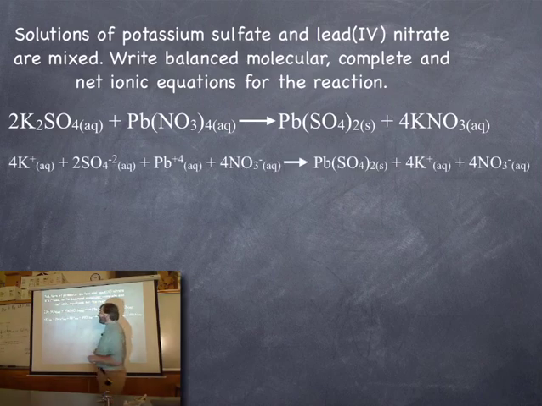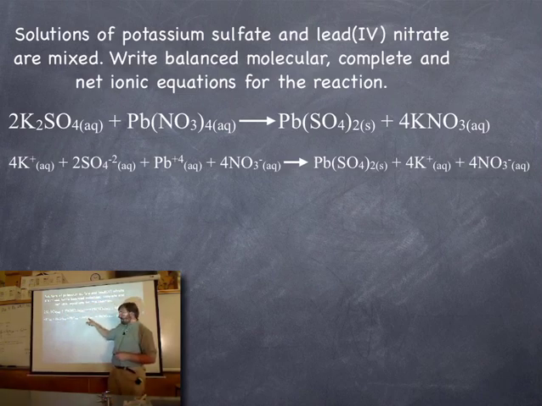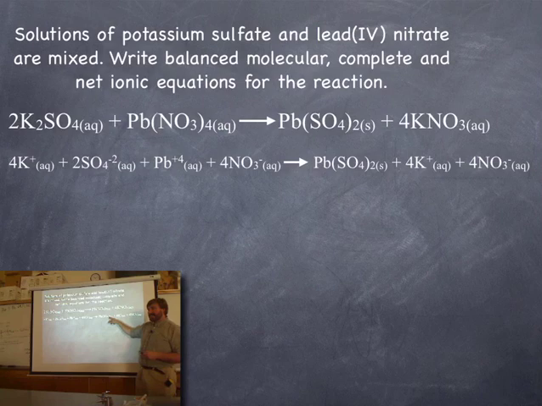So I'm going to break these apart. 2 and 2 is 4 potassiums, 2 sulfates, 1 lead, 4 nitrates. Remember that nitrate is NO3, but there's 4 of them from that subscript there. Solid stays together, unchanged, just drop it straight down. Aqueous, broken apart, 4 potassiums, 4 nitrates.